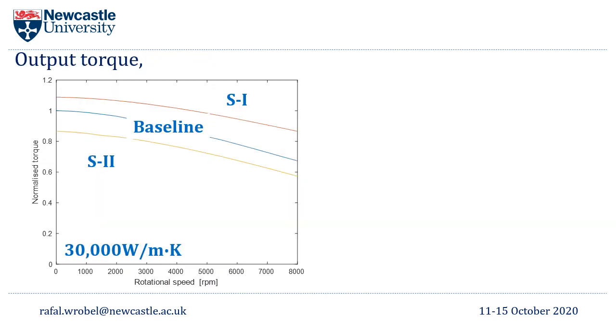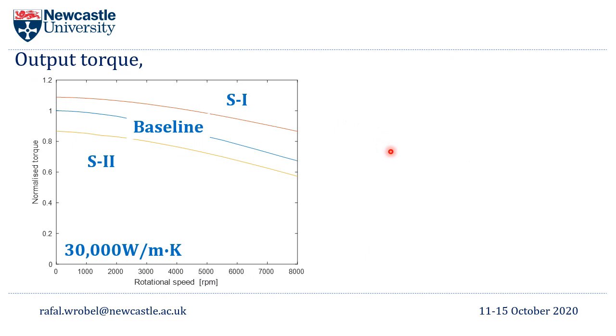That improved heat removal capability in terms of sustaining higher loss leads to increased output torque, and this figure illustrates normalized torque versus rotational speed for all analyzed cases.